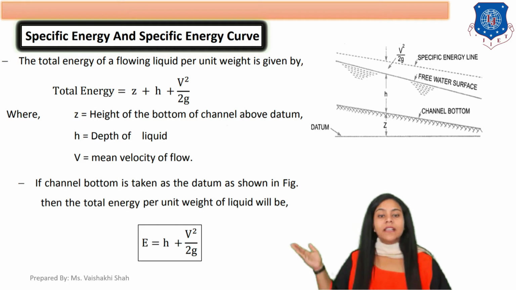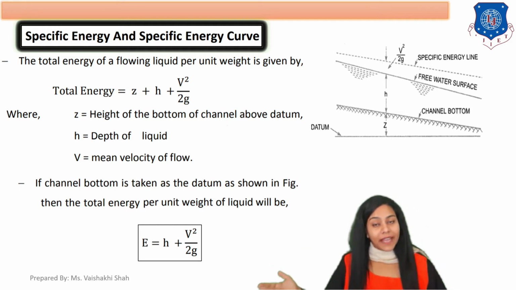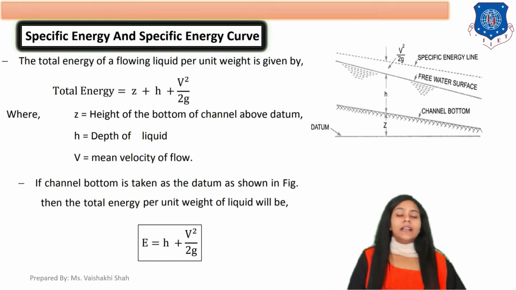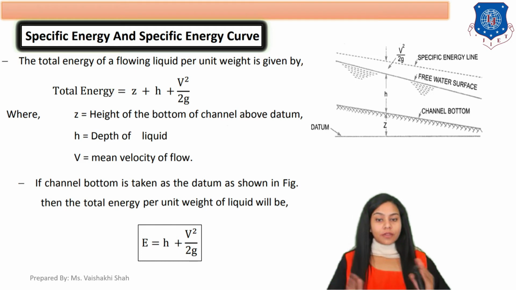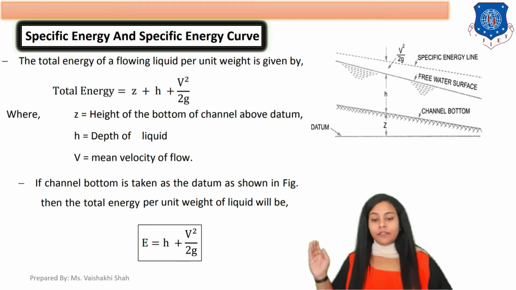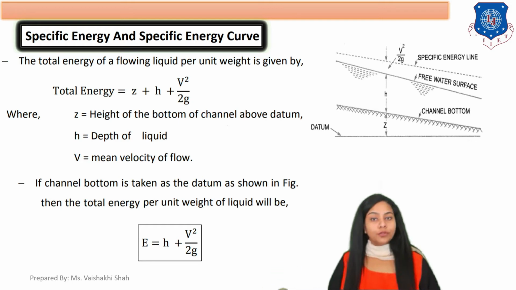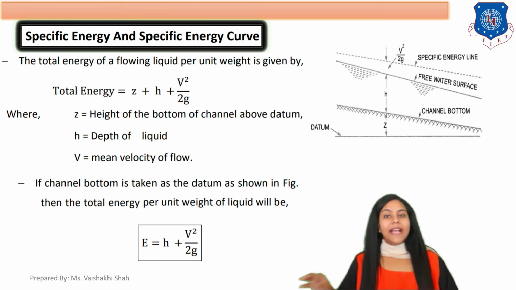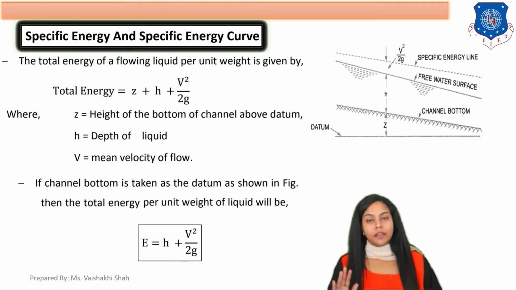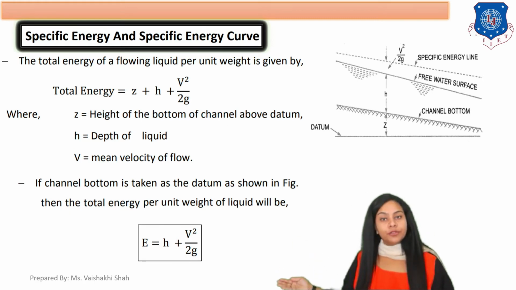In that case the total energy is called specific energy, where E equals H plus V square by 2g, because Z equals 0. So E equals H plus V square by 2g.